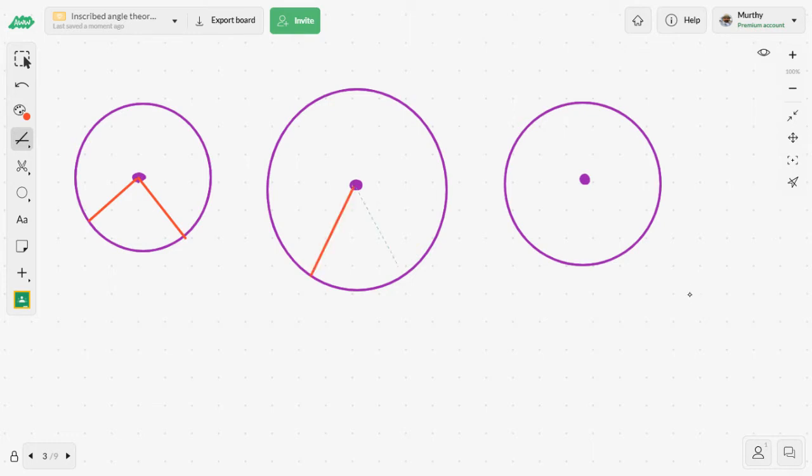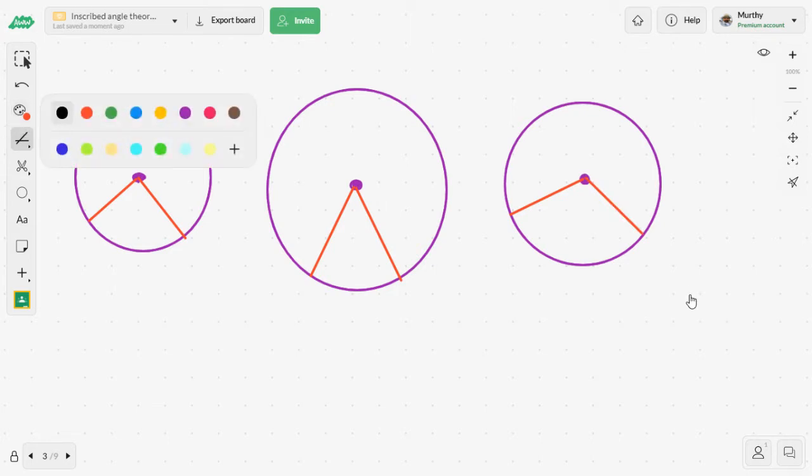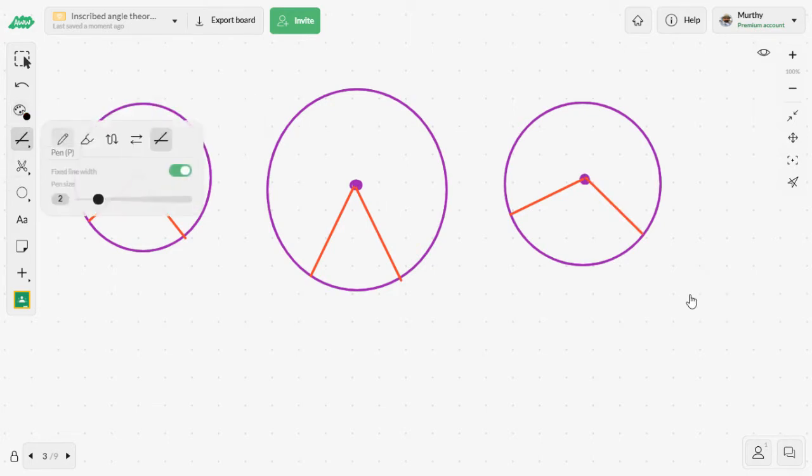I'm giving you three examples. From the same points, I'm now constructing two chords.